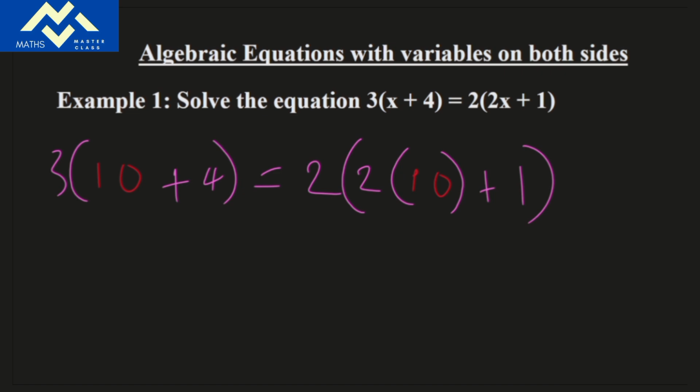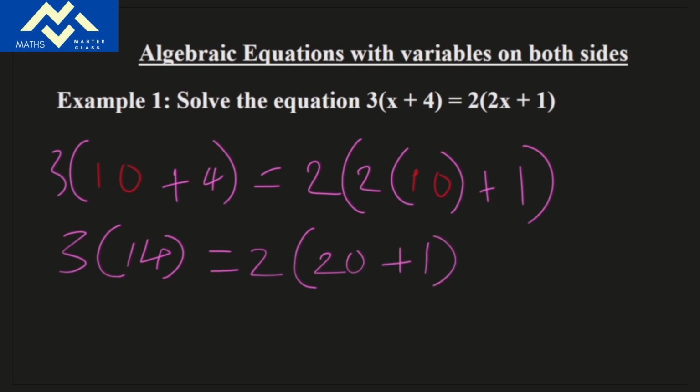We evaluate what is inside the brackets first, following the order of BODMAS. So, 10 plus 4 is equal to 14. We have 3(14) equals, 2 times 10 is 20, we have 2(20 + 1).